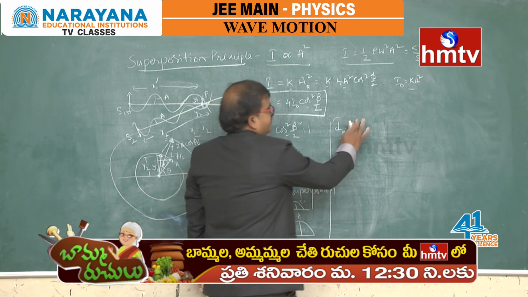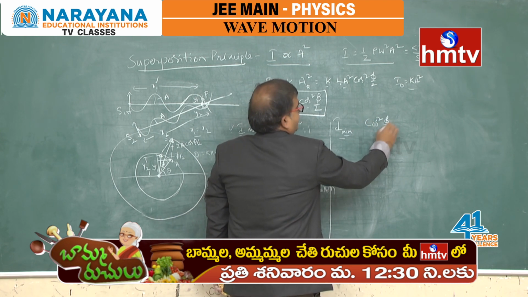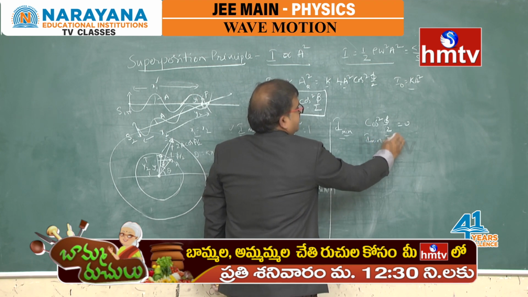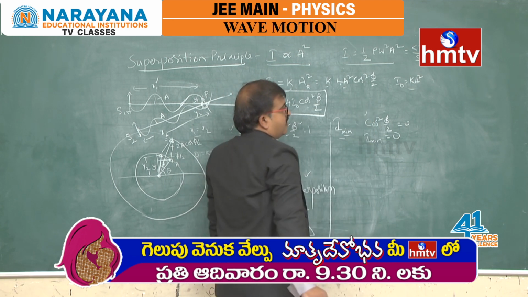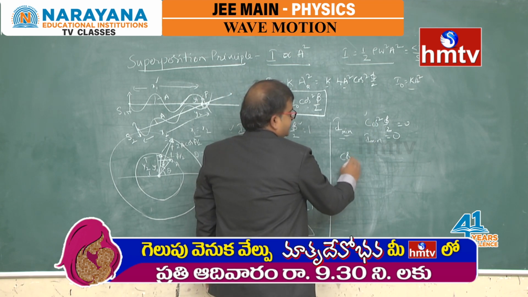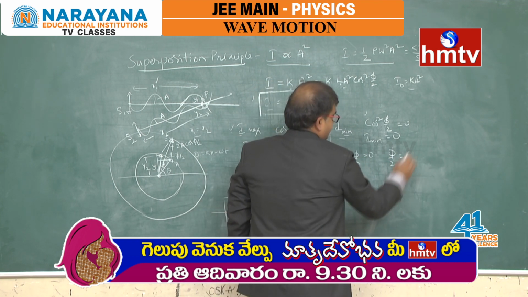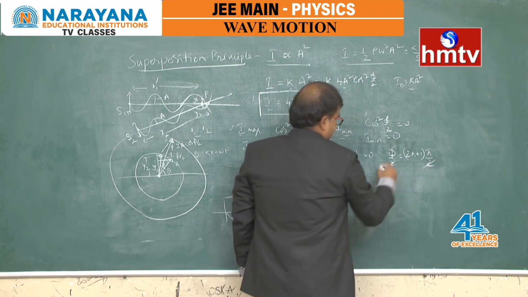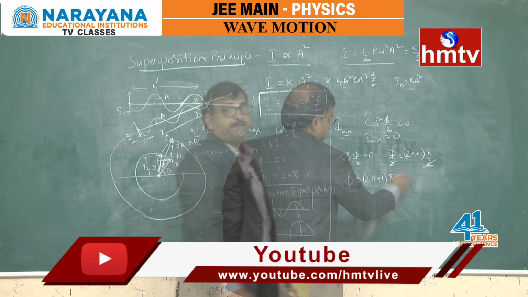For I minimum, cos square phi by 2 should be taken as 0, so that I minimum is equal to 0. So phi by 2 is equal to (2n plus 1) into pi by 2. On cancelling, phi is equal to (2n plus 1) into pi.